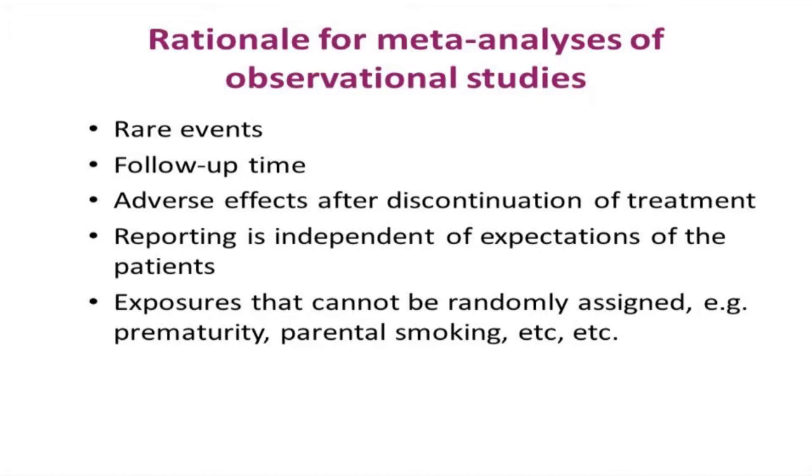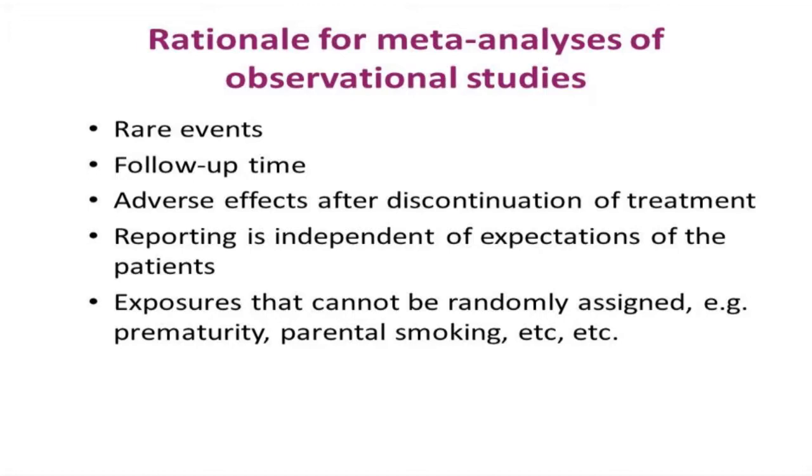Then it's much more practical to take a large cohort of people and make an observational study where you can show an effect, and then you can take several observational studies of that kind and pool them into a meta-analysis.